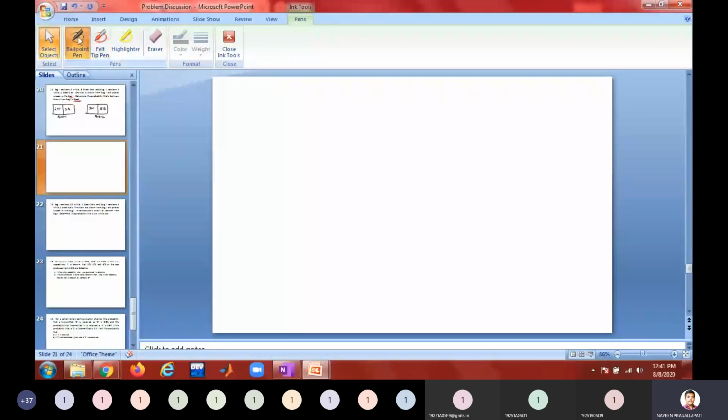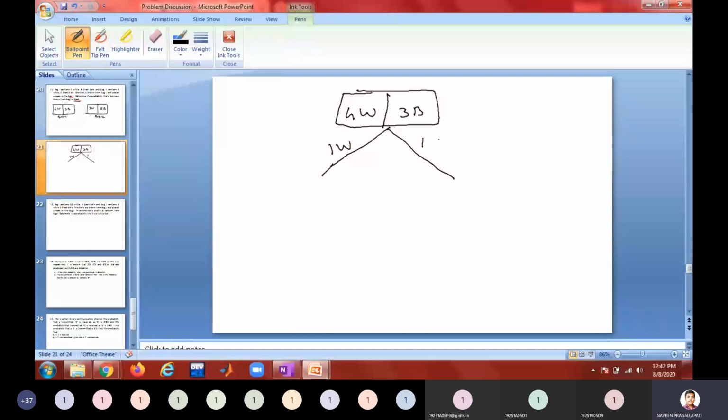I am drawing it again with the first bag, bag 1. Initially, how many? 4 white, 3 black balls. Okay. So I might have taken a white ball, or I might have taken one black ball.